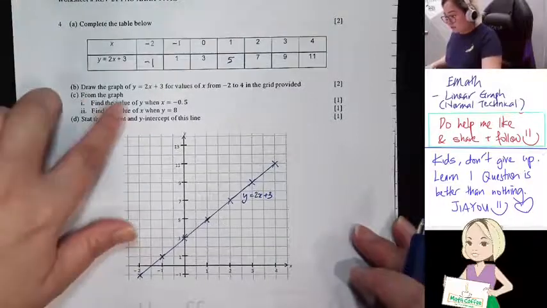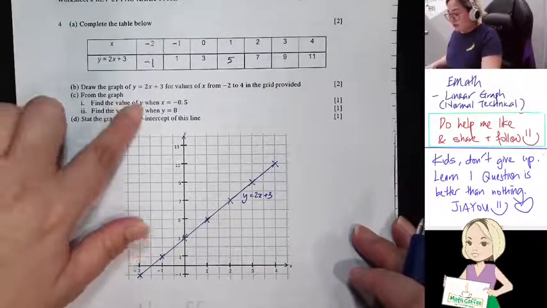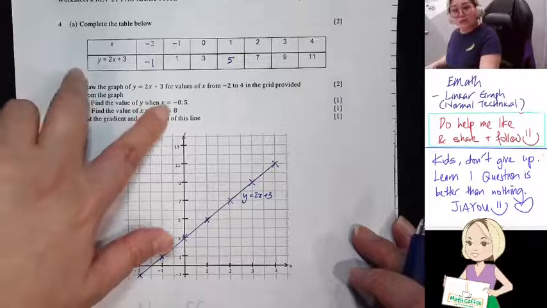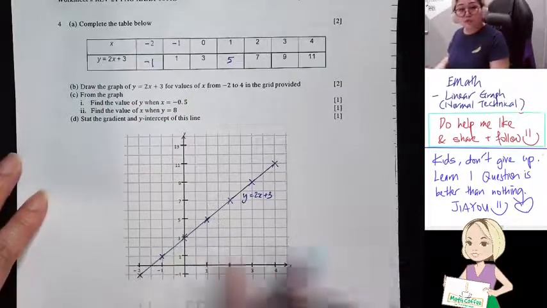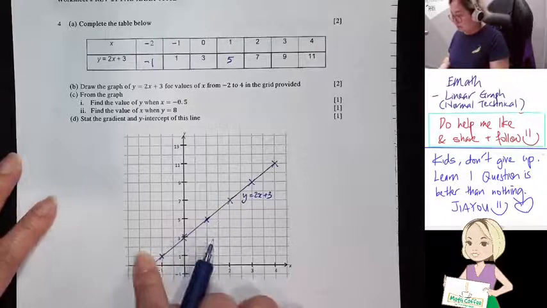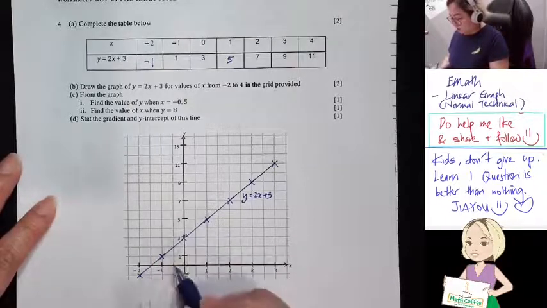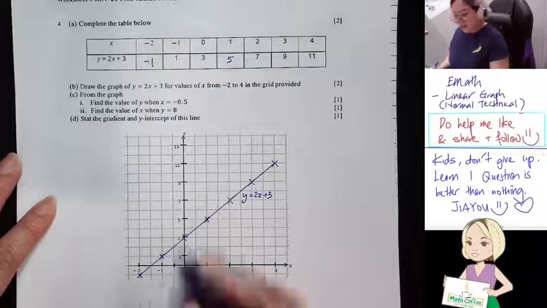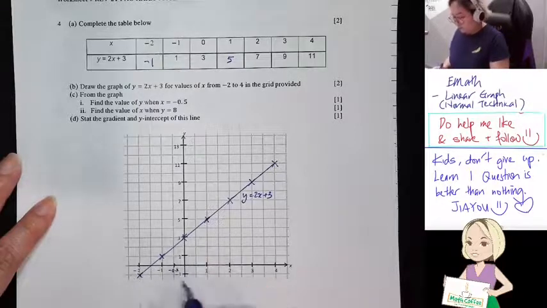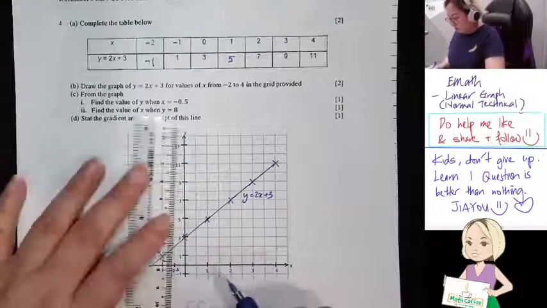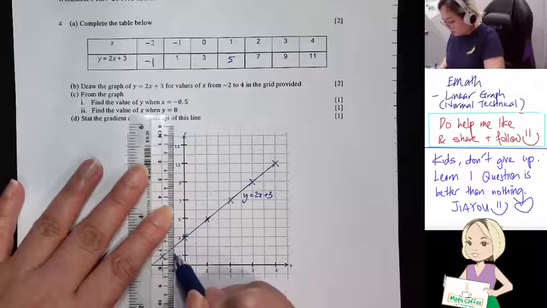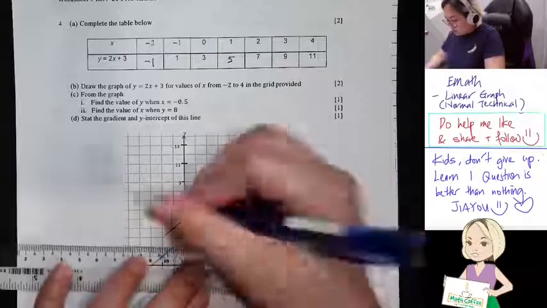Next, they say from the graph, find the value of y when x is equals to -0.5. So x equals to -0.5 means you go to the x-axis, go and find -0.5, which is here. This is -0.5. So you will come here, draw the dotted line, and you see that, oh, okay, it will be this point here.